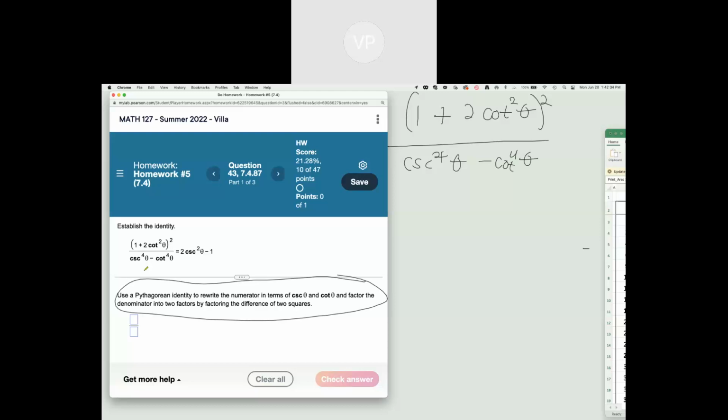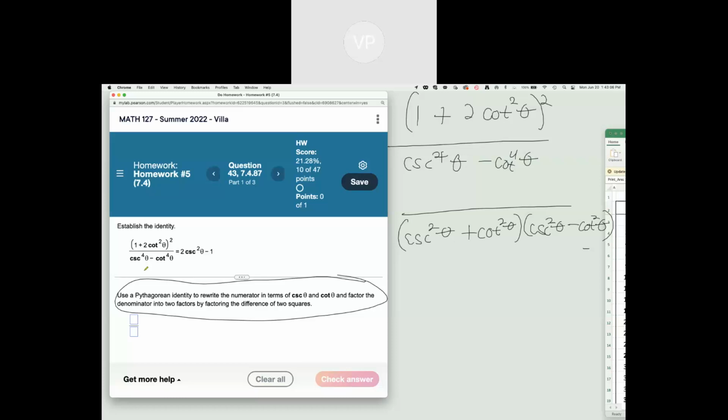Use the Pythagorean identity to rewrite the numerator in terms of cosecant and cotangent, and factor the denominator into two factors by factoring the difference of two squares. So I can do the denominator easy. That's going to be cosecant square theta plus cotangent square theta times cosecant square theta minus cotangent square theta.